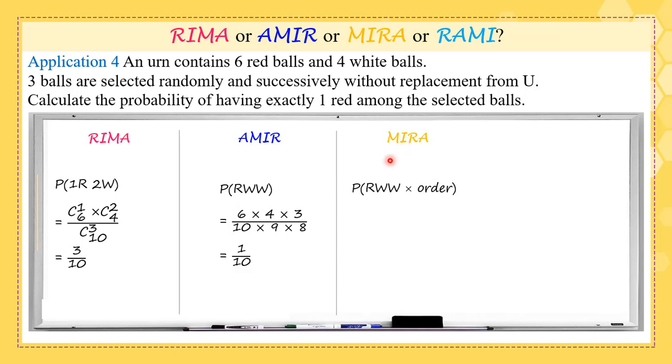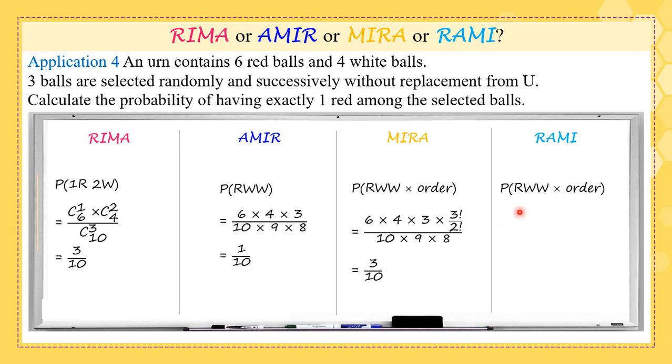Mira said that we need the probability of red WW, but we need to multiply by the order. So the same as Amir, but multiplying by 3 factorial over 2 factorial, and this is the answer. And finally, Rami said that we need the probability of RWW times the order, but he used 6, 4, 4 over 10, 10, 10, which is 36 over 125.